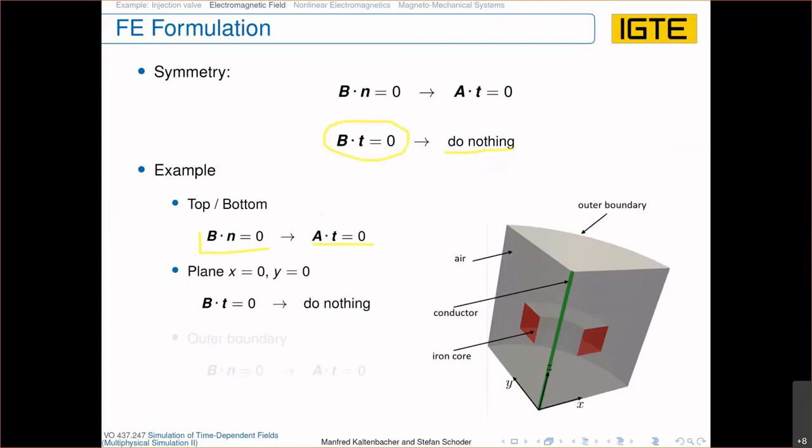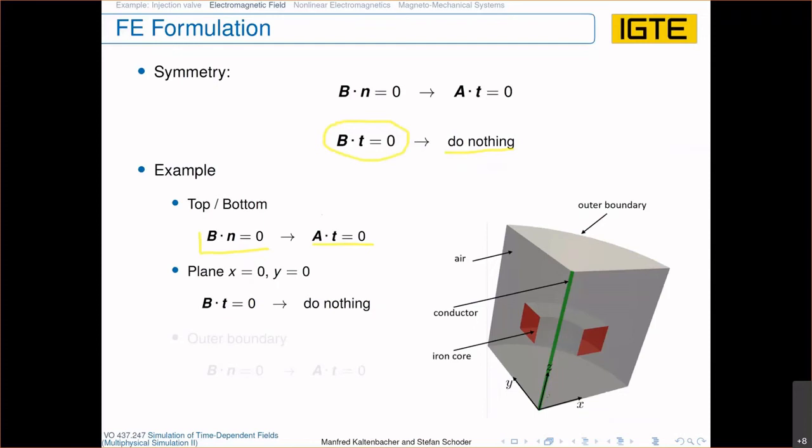And here we know that the tangential component of the magnetic flux density should be 0, because the magnetic field always goes around a current conducting conductor, as we know from Ampere's law.